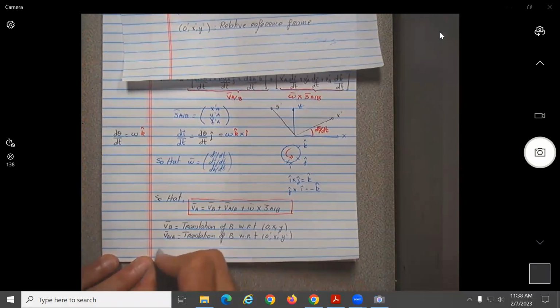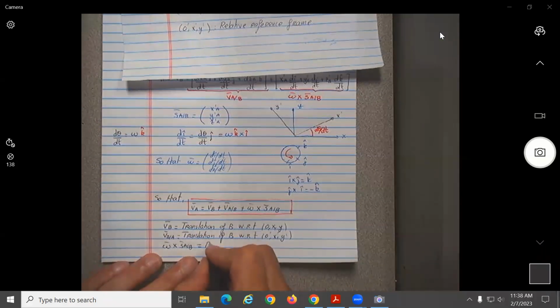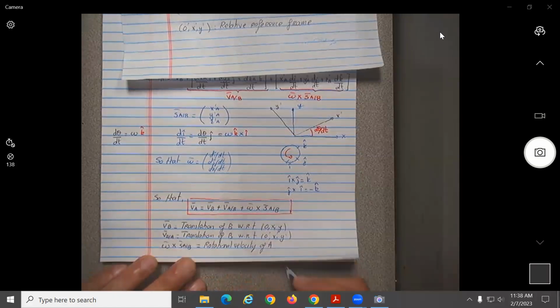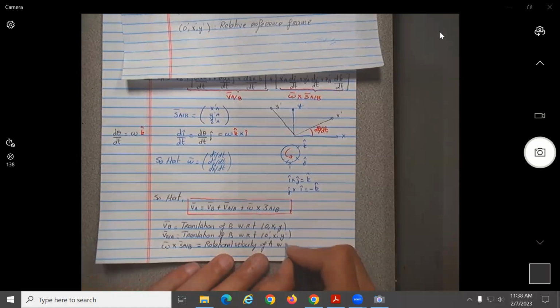And now at the end, obviously the omega cross S of A with respect to B will be what? Rotational velocity of A with respect to which reference frame?